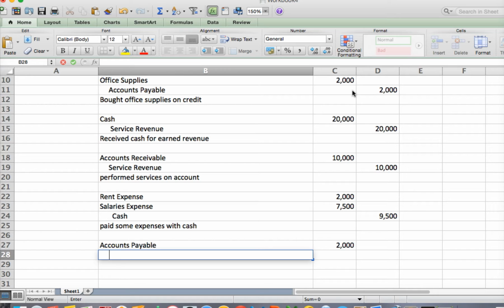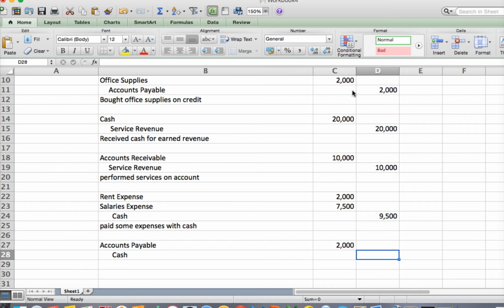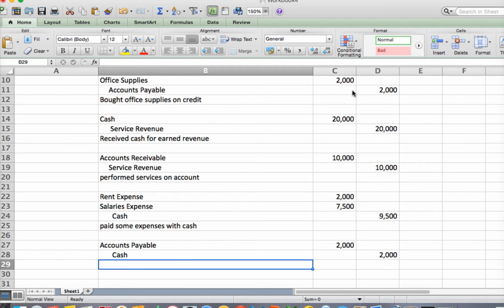And obviously, if I'm paying off a debt, that's going to be done with cash. So I have a credit to cash showing that my cash is going down, and a debit to accounts payable showing that my liability is going down. So on the one side of the equation, I have assets going down. On the other side, I have an equal amount of liabilities also going down. So we stay in balance there.